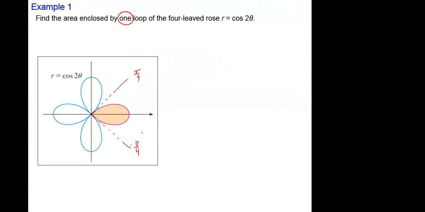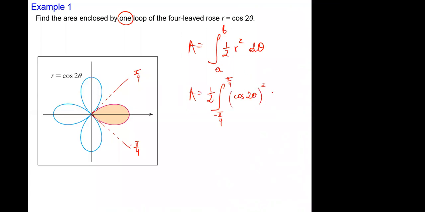I need my formula, 1/2 r squared d theta from A to B. I can say from negative pi over 4, one loop, to pi over 4, I can place 1/2 outside, and r is just given, cosine 2 theta, squared.